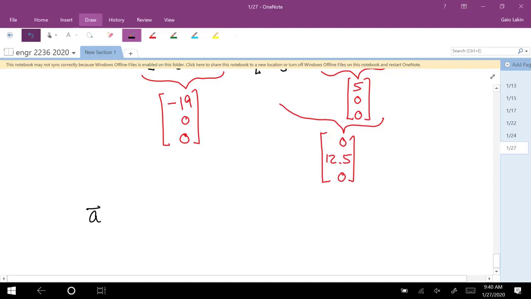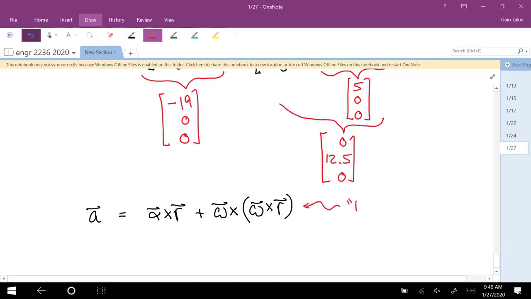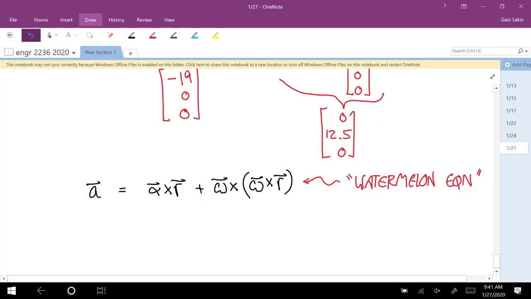This acceleration equal to alpha cross r plus omega cross quantity omega cross r, I call this the watermelon equation because it helps me remember the order of things.